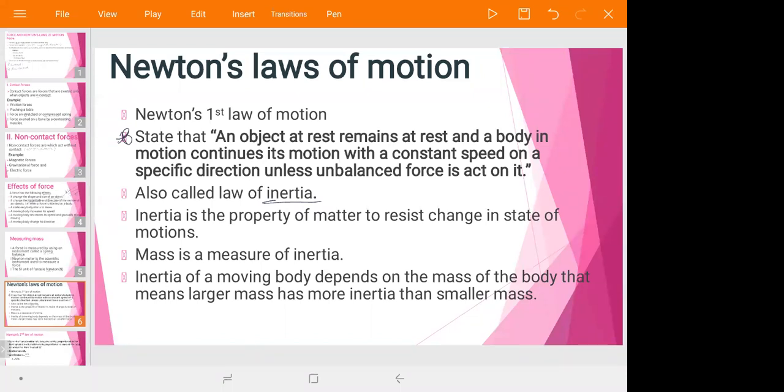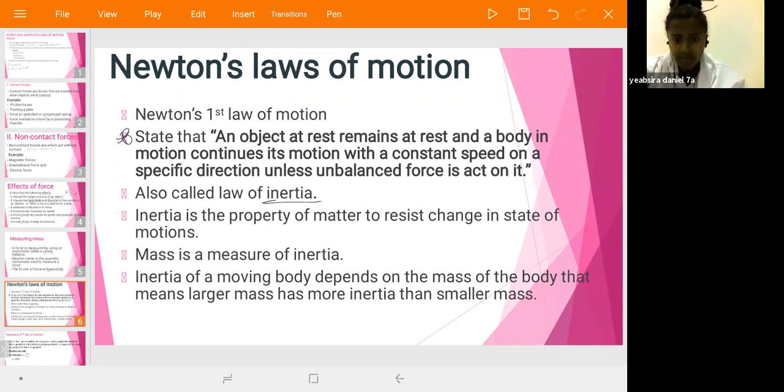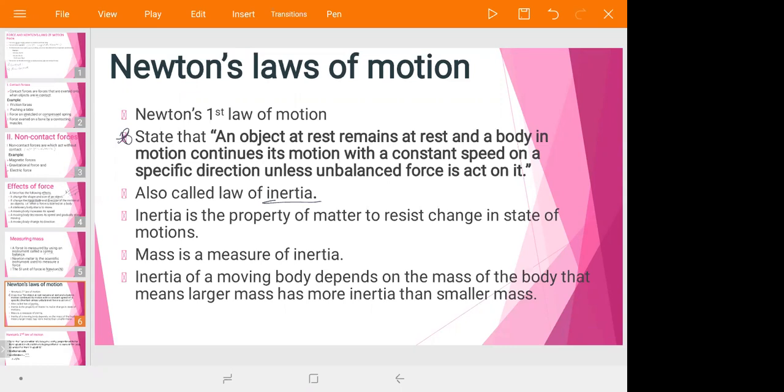A moving ball. Because of what? There is a reason. If you want to stop a moving car, it opposes you. It resists you as you try to stop it.